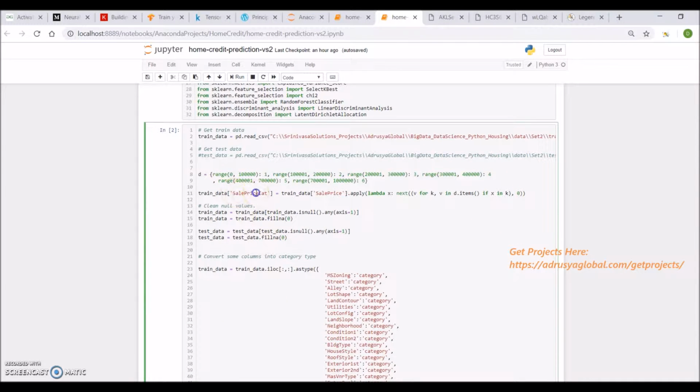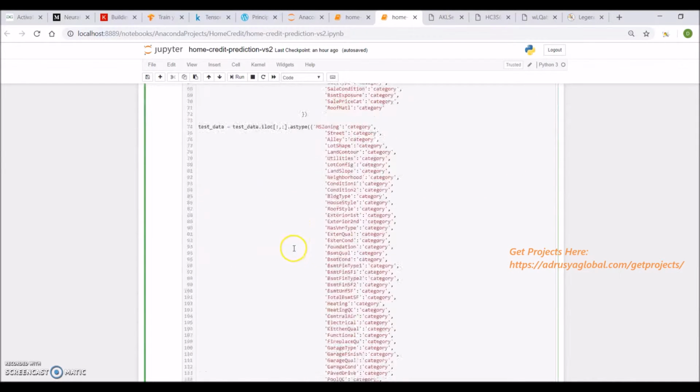And then we are creating a new field, a new column in our data called the sale price category. This sale price category contains classification values of sale price which have been split into sale price ranges.